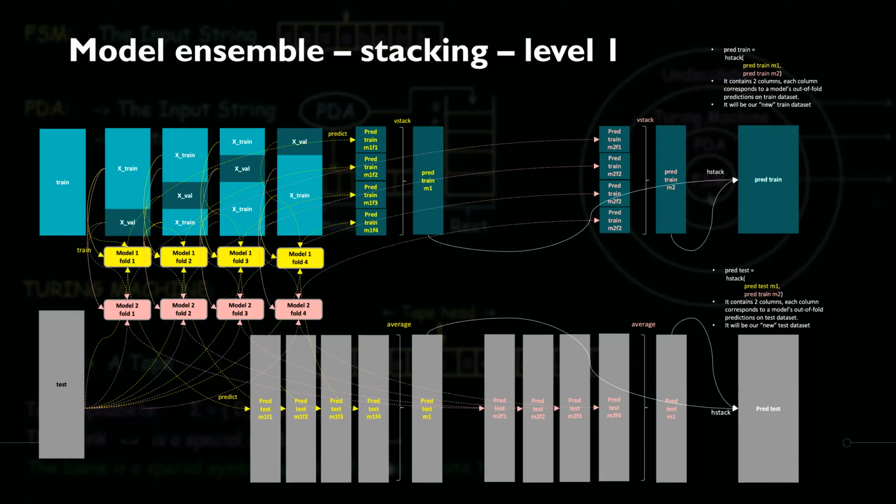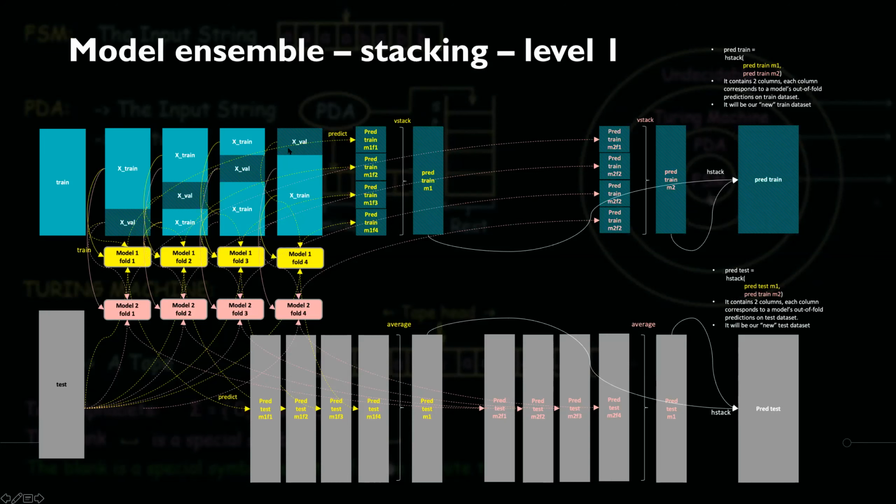Otherwise, if we train the model on the entire training data set and then make predictions, we are basically doing the in-fold prediction, which is a severe problem, because we are making predictions on the training data itself, which is incorrect. Therefore, we have to use out of fold predictions, which means every time we use a part of the data to train the model and then make predictions on the rest of the data.